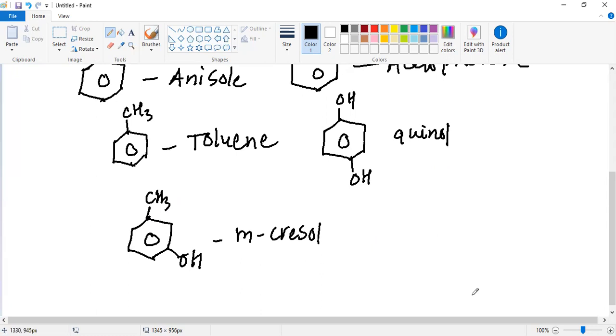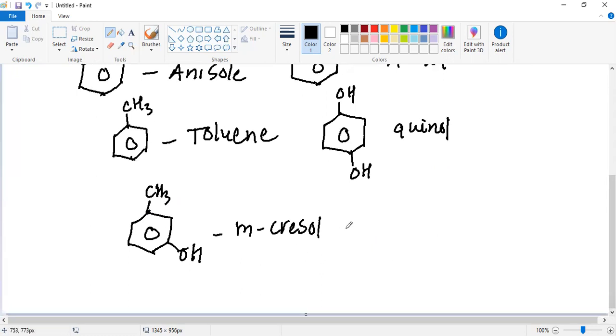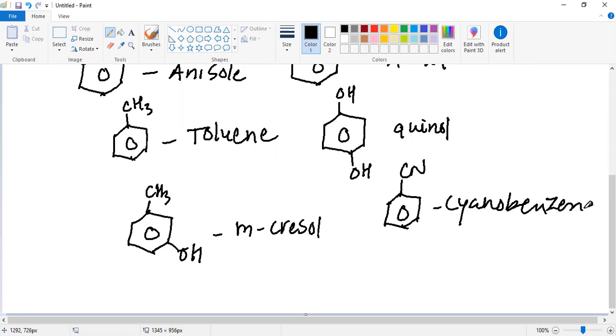So this is how we should learn the various names. For example, if we have benzene and then CN on it, we will call it benzonitrile. These are the common names that we should remember and study about organic compounds.